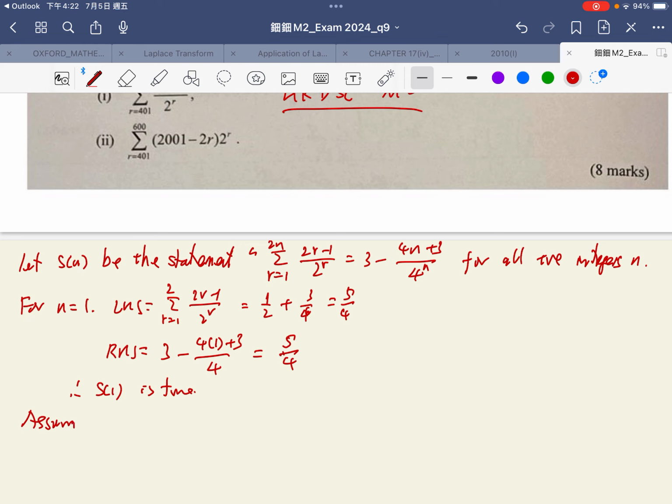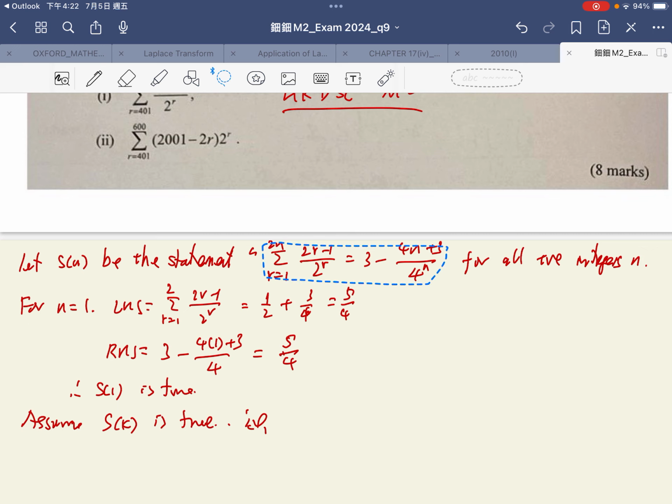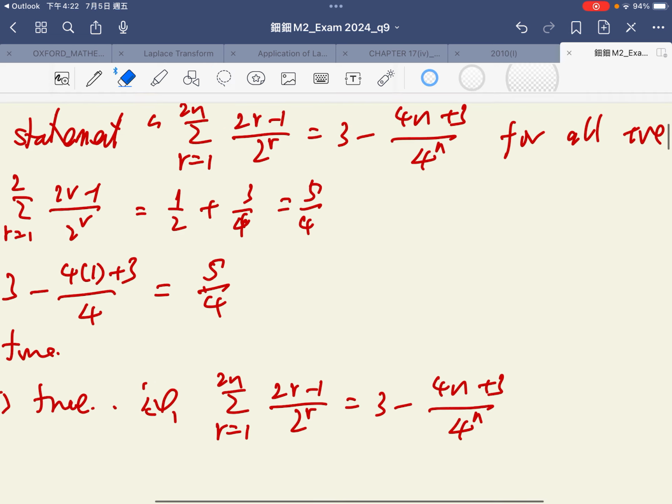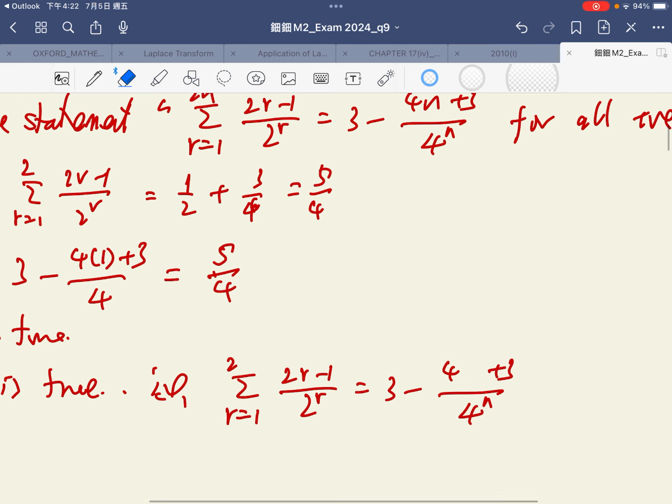Assume Sk is true, i.e. this statement, where I copy and change the notation n to k.